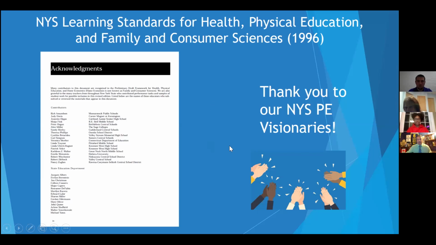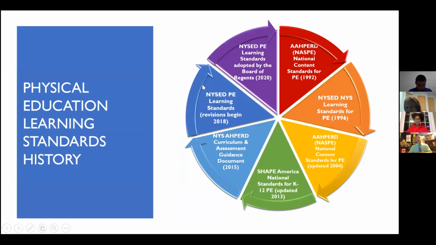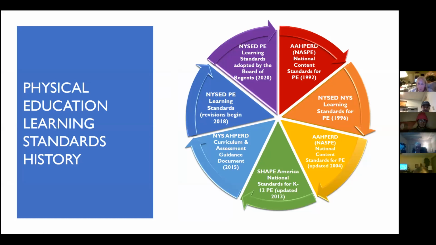Next slide. Speaking of our visionaries, this talks about how we came to be where we are. In 1992, in response largely to the questioning of public education in the late 80s, namely A Nation at Risk, our national association at the time, AHPERD, developed content standards, as many disciplines did in a call to action.